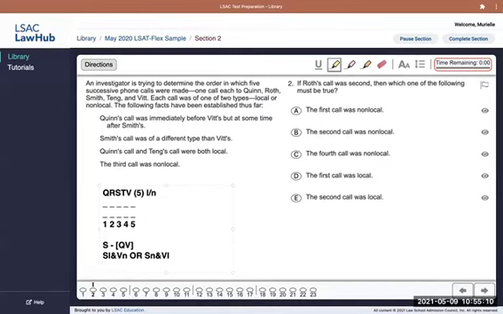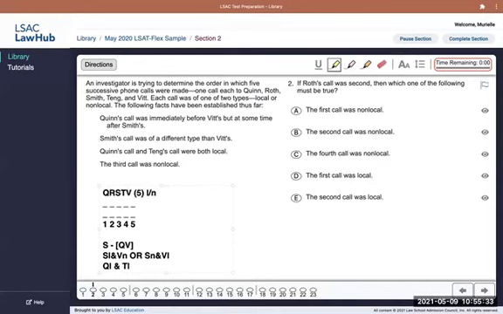Q and T's calls were local. So Q is always local and T is always local. So that's good to know. Might even put that in here, you know, QL, TL. It's a little bit confusing there, actually.